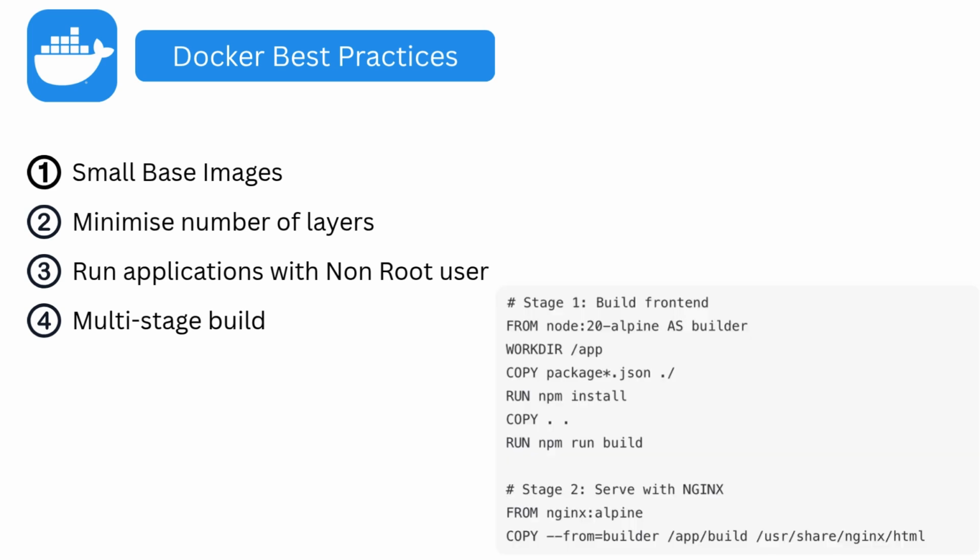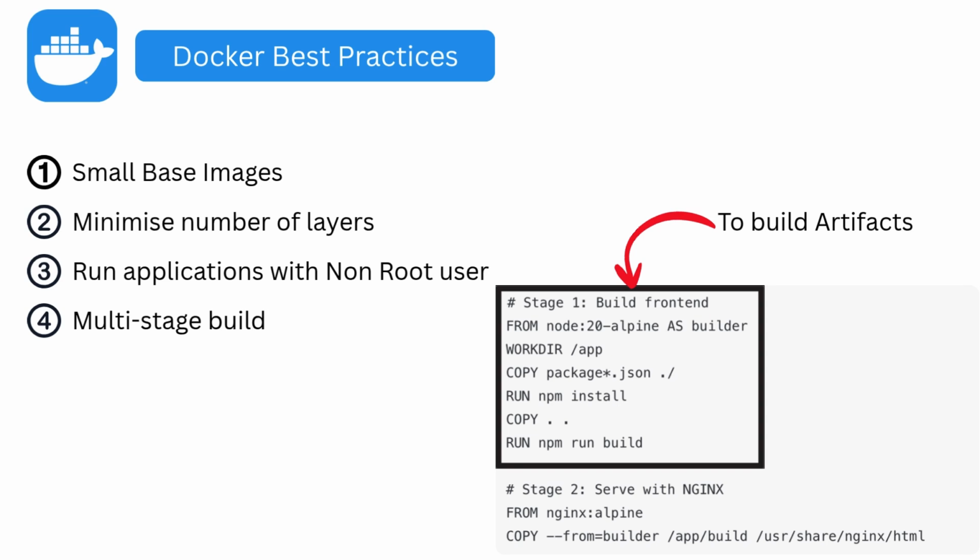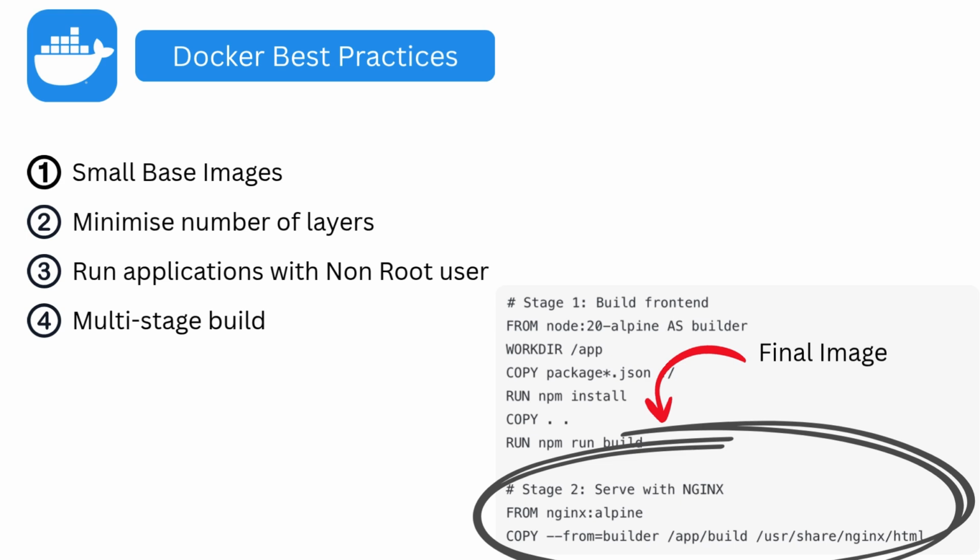Number 4, we should leverage multi-stage builds. For example, there is a node application where we want to do npm install and npm run build, which produces the artifacts. After artifacts are produced, we don't need node related packages inside a final image. So create one more stage where I want to deploy the application on Nginx.